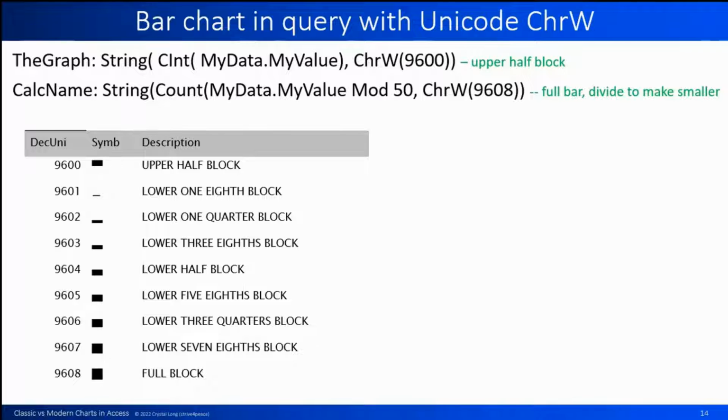So there's a separator between that and what's next, but you also need to maybe divide it. You need to know a little bit about your values if you're going to put a bar chart in a query. And then I also like to set the format property to be blue for the chart. If you go to the format properties for that column, then you can just use bracket blue bracket for positive numbers.